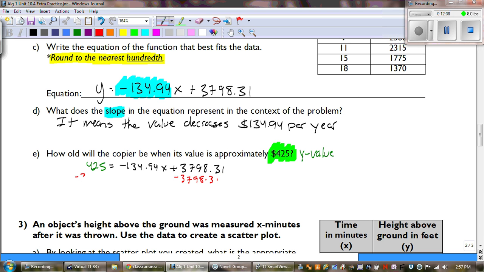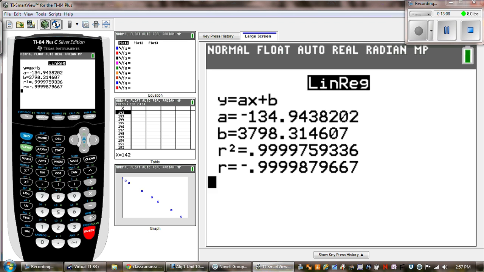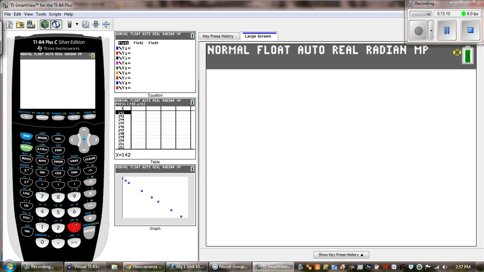We have to get the X by itself, subtract both sides, and we get negative 3,373.31 equals negative 134.94x. Well, we have to divide both sides, but then what do we get? I'm curious. I'm going to figure it out myself. So negative 3,373.31, and I'm dividing that up. I put too many negatives.